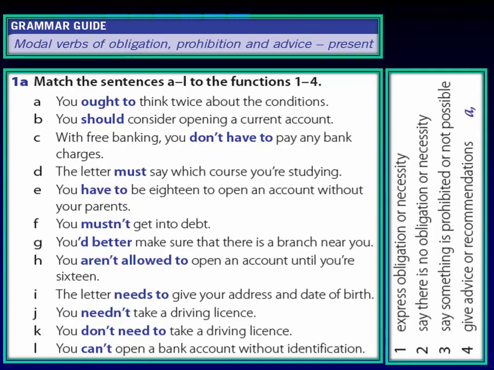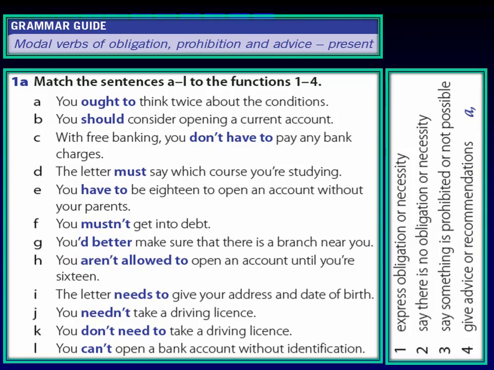Okay, look at these modal verbs of obligation, prohibition, and advice in the present. Here we have on the right, you can look on the right, 4 sentences, 1, 2, 3, and 4. The first one expresses obligation or necessity.